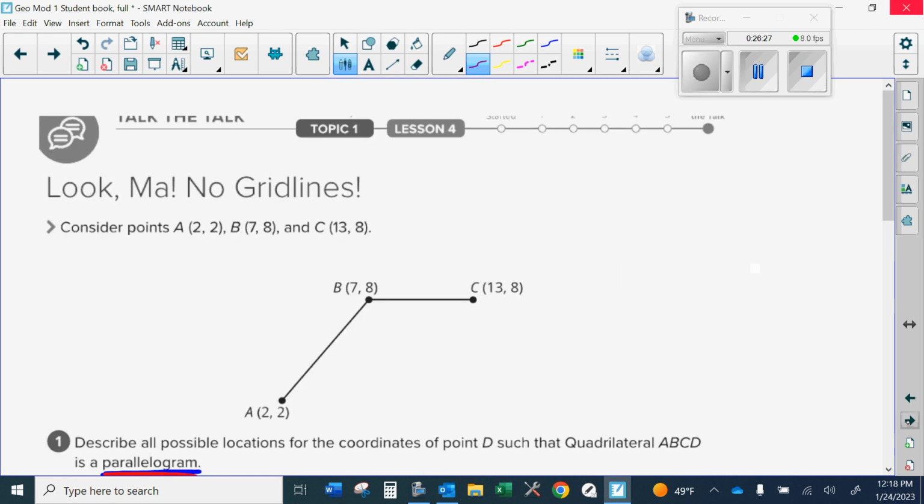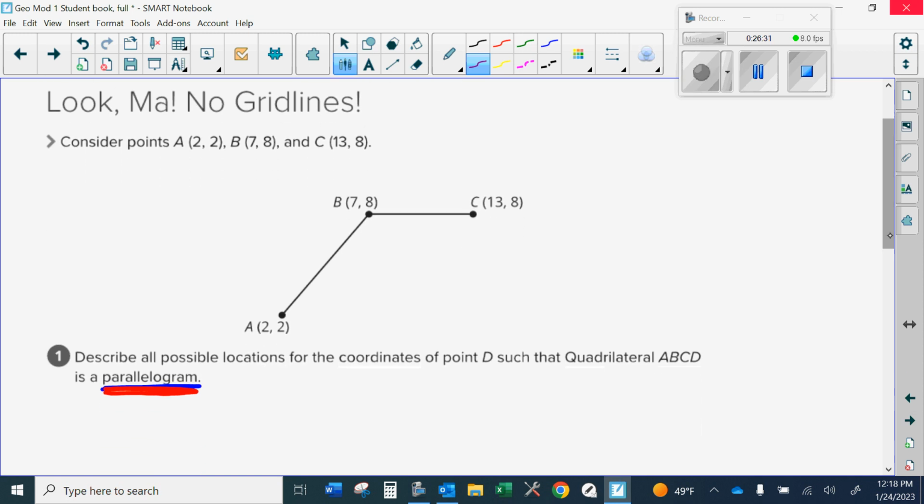So here's the one where we ask, how do we find out where it's going to be a parallelogram? Again, slope. So if I went like this, went down and to the left, how many did I go down? Went from 8 to 2, so that's down 6, and from 7 to 2, right 5. So that means I go down 6 and right 5.